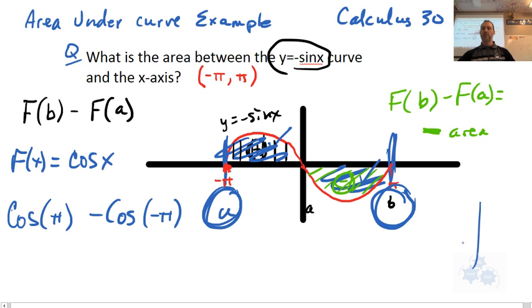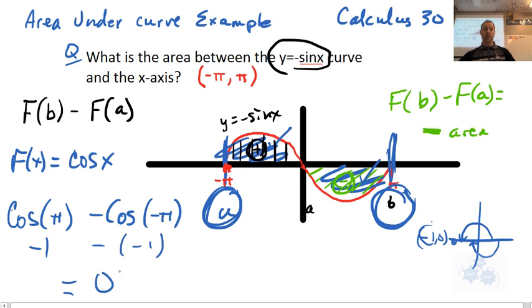Cos of pi, if you remember your unit circle, negative 1, 0 is this coordinate right here. So cos is the first number. So we have negative 1. If we subtract the value from negative pi, and that negative pi would be going this way around, that should be the same value. So we get negative 1 minus a negative 1, which is 0.